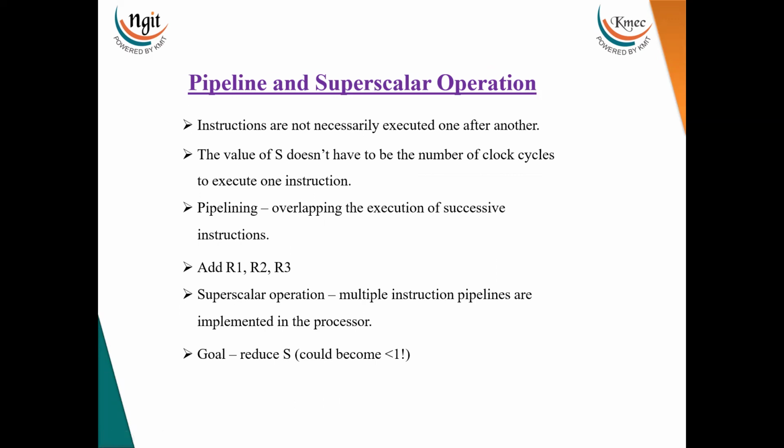Pipeline is nothing but, just now we have discussed that each instruction is divided into basic steps. Now here, take a program which has 10 instructions. The first step is fetching, the second is decoding, and the third is executing. These basic steps are common for all instructions.